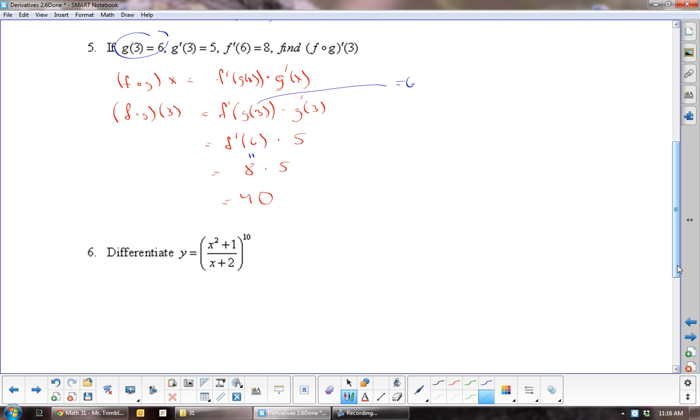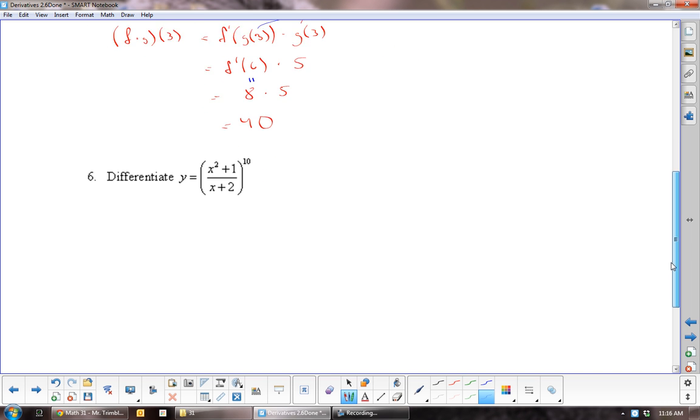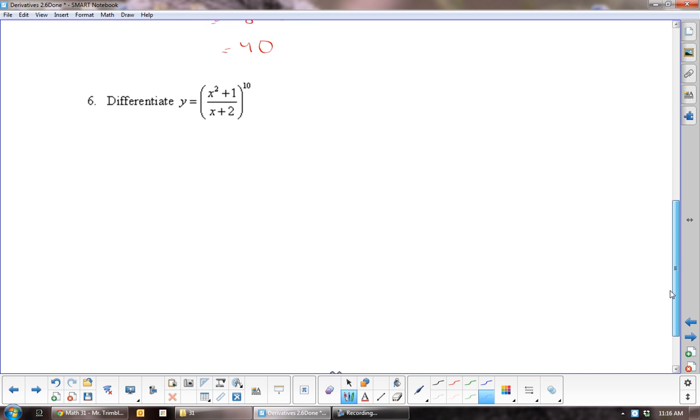Okay. So here's definitely a fun question because it is using two laws, right? The first one, chain rule, and what's inside, the quotient rule. Yay. Which one do you do first?